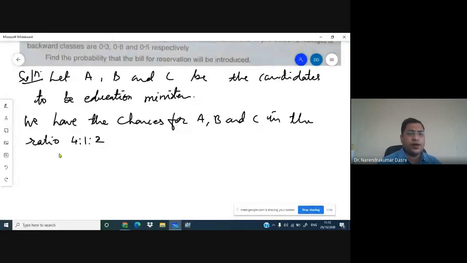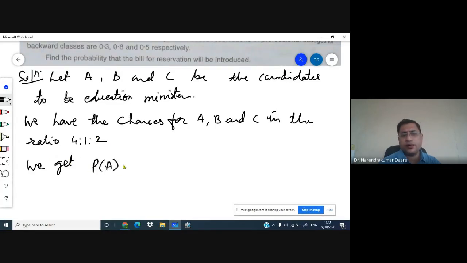So the probability of A becoming the education minister: the total is 7, so out of 7, 4 are the chances that he will become the education minister. The probability of B, how many chances are there? 1 out of 7. The probability of C, how many chances are there? 2 out of 7.